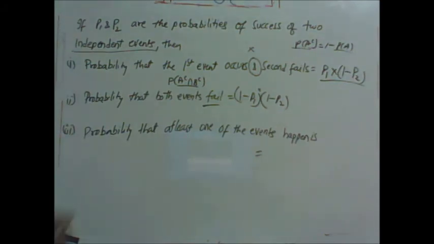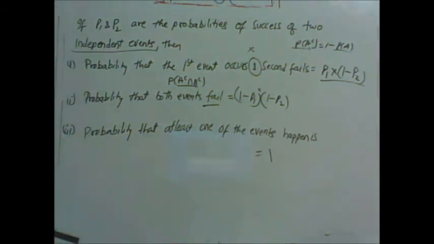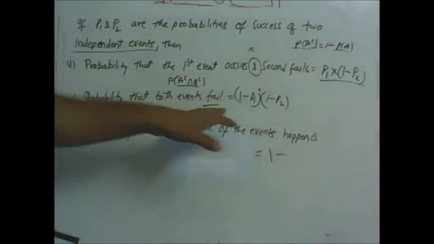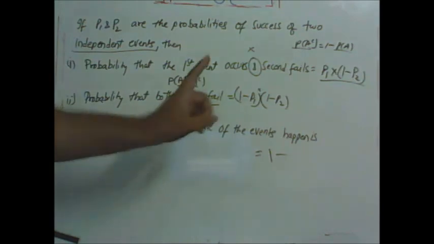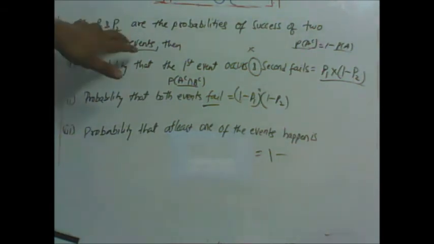Okay. Now the probability that at least one will occur. The total sample space, or universal set, probability is always 1. At least one has to occur means either the first one will occur, or the second one will occur, or both will occur.